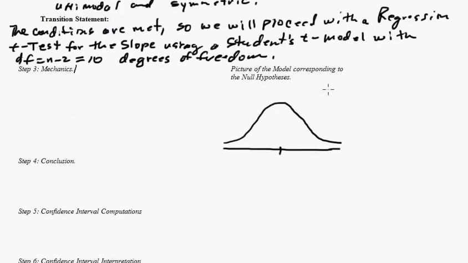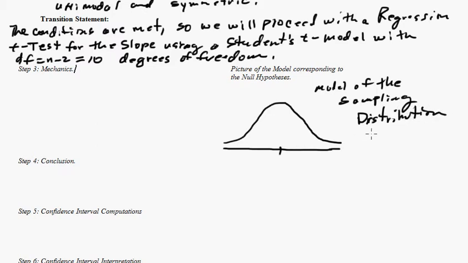Here we have a model of the sampling distribution of the slope b1.